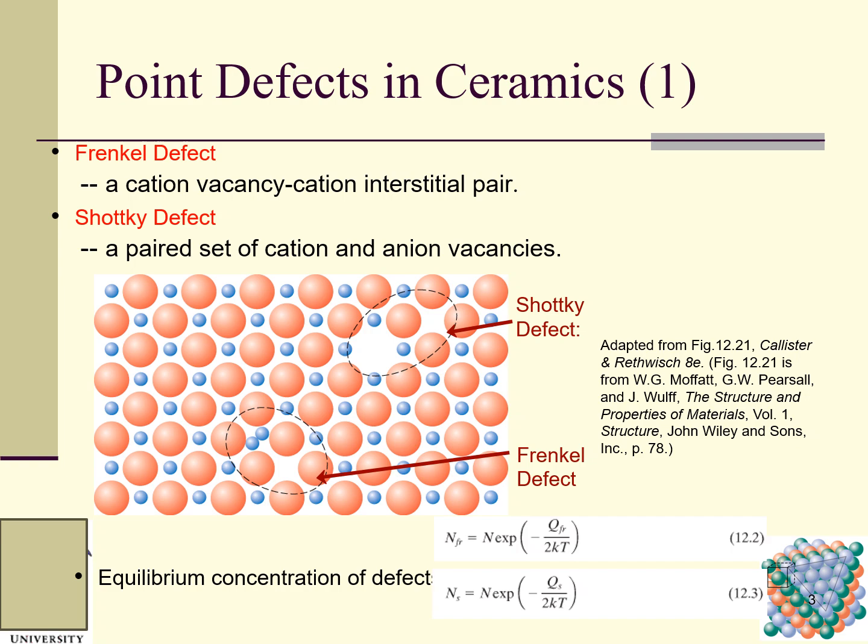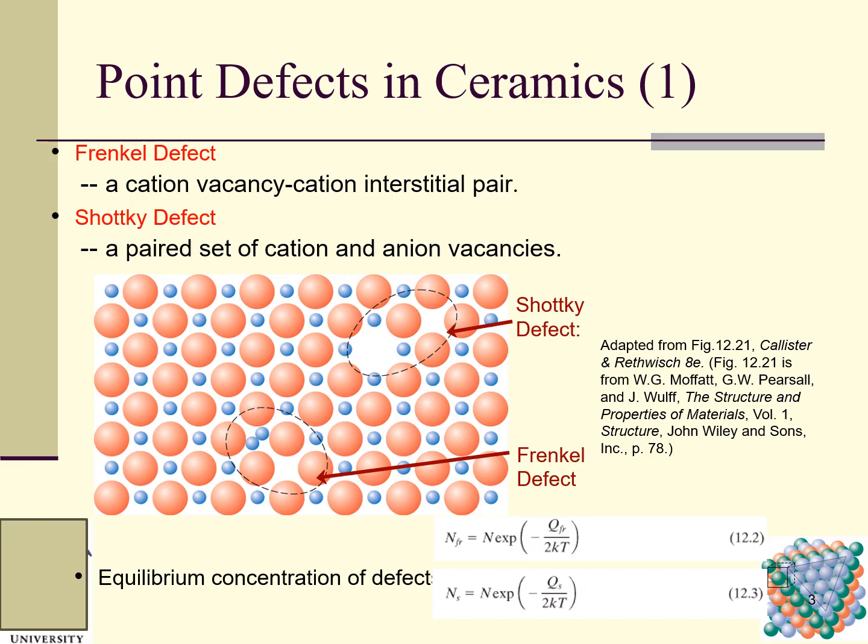So we have one cation vacancy, and then we have a cation interstitial. This is a pair. And a Schottky defect is a paired set of cation and anion vacancy.